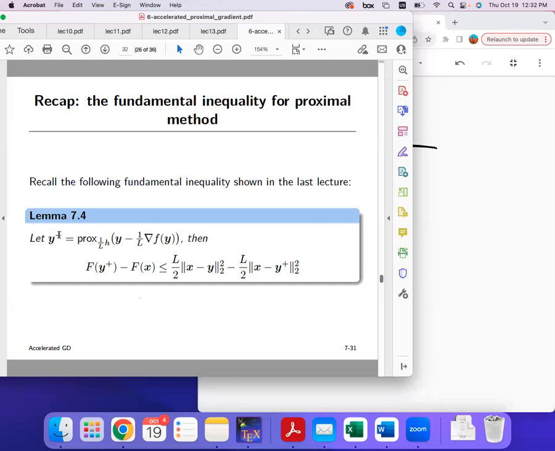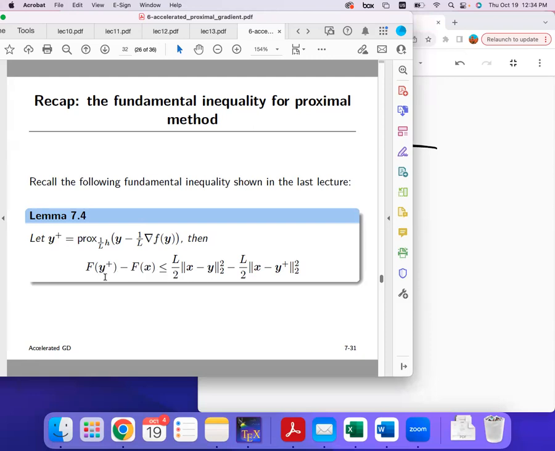And this y plus is defined as starting from y, take one more proximal gradient step. So y plus is the outcome of this proximal gradient update starting from y. Given these 3 points, x, y arbitrary and y plus defined in this way, they satisfy the following inequality.